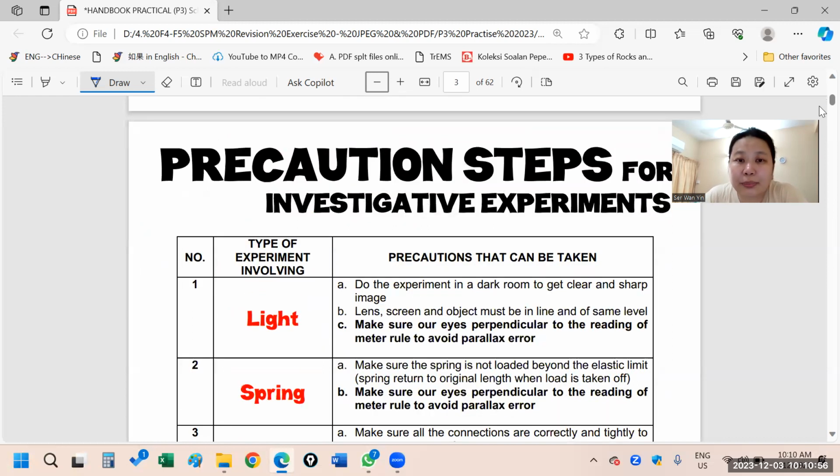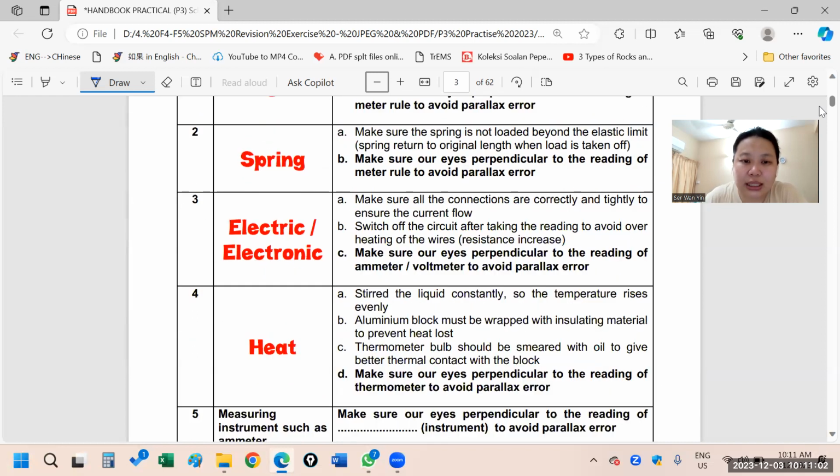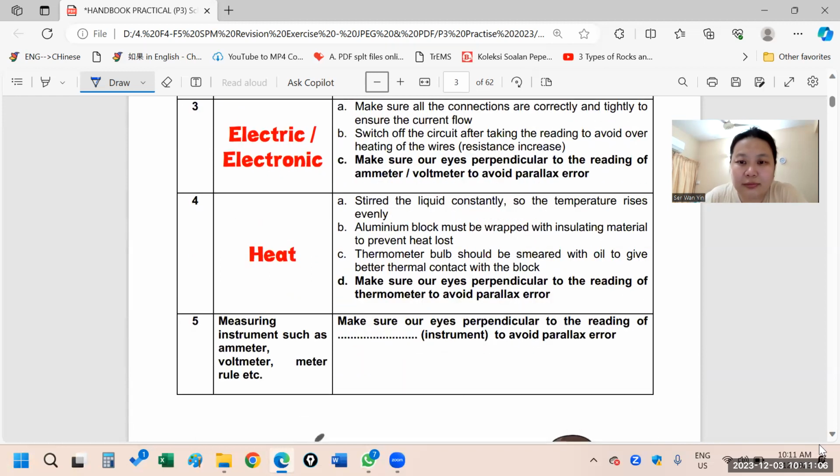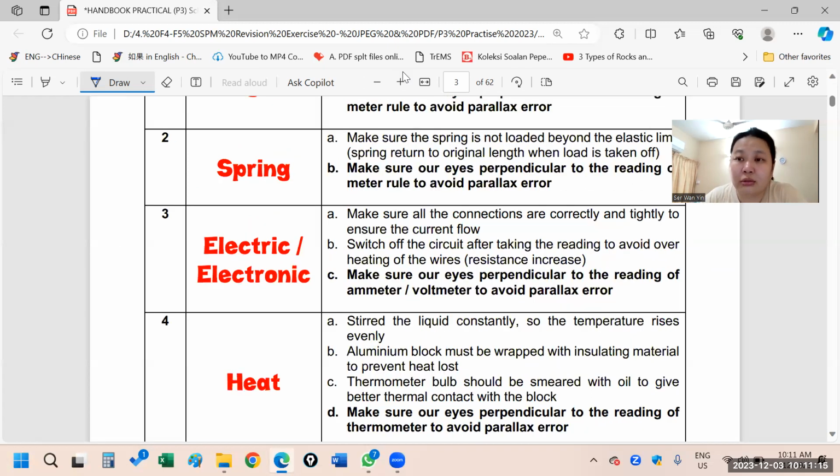Here are some precaution steps, for light, spring, electric, electronic, heat, ammeter, voltmeter, and so on. Anyway, here got a very universal precaution step, which we look at number 3 first, which is this one.